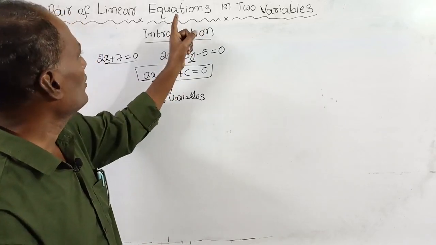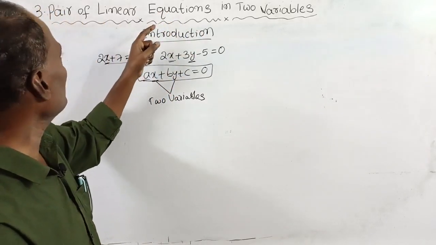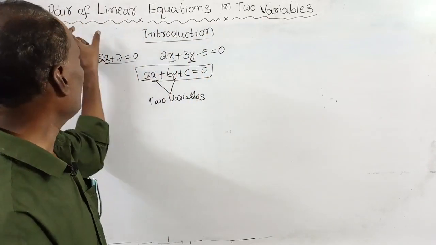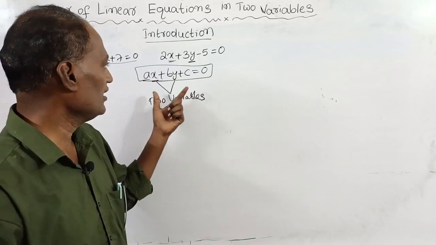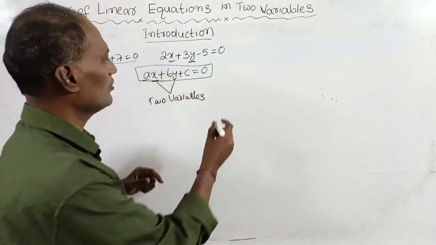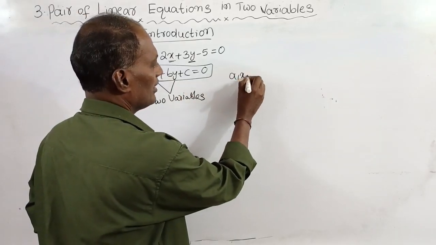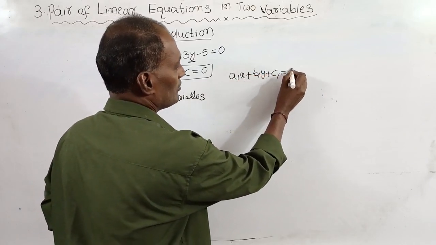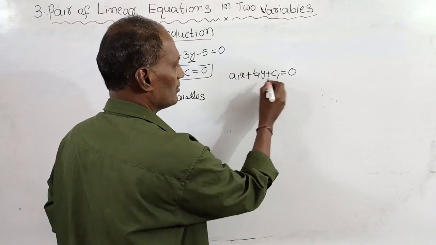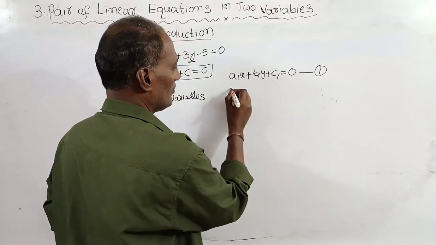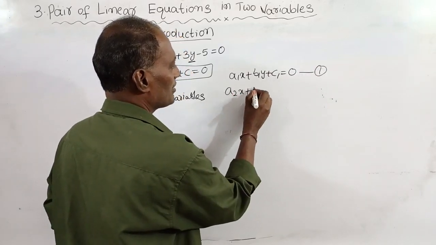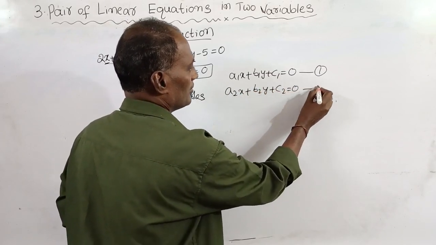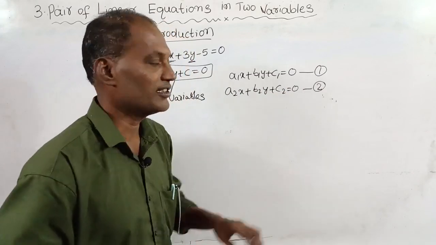This is the form of a linear equation. A pair of linear equations means two equations in two variables. Pair means we can write a1x plus b1y plus c1 equal to 0. This is one equation. And a2x plus b2y plus c2 equal to 0. This is the second equation.